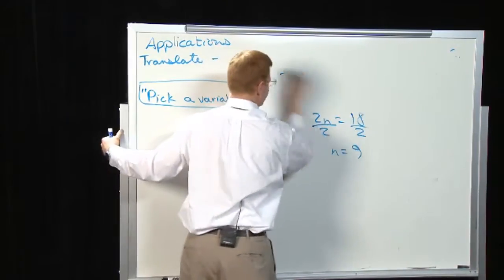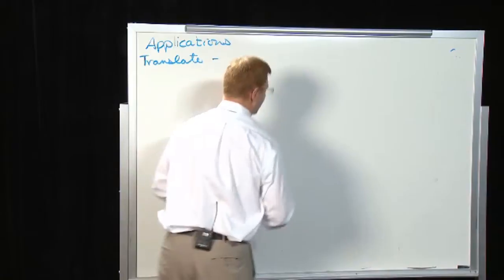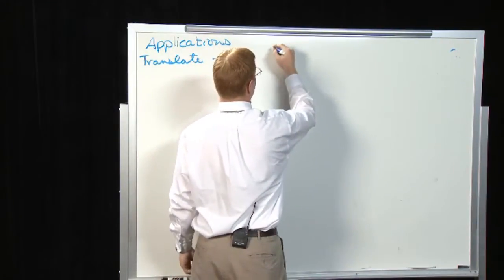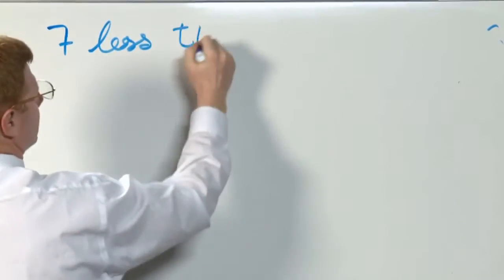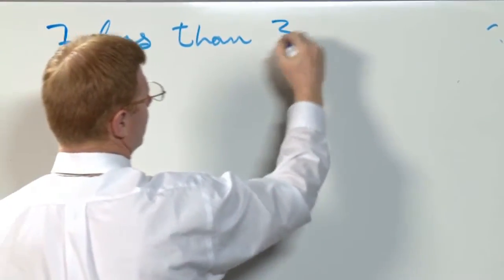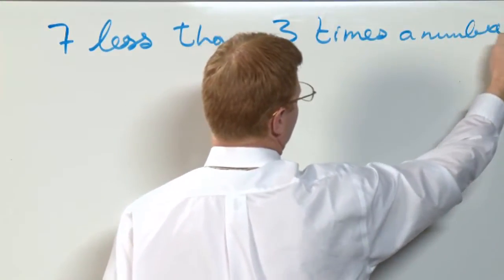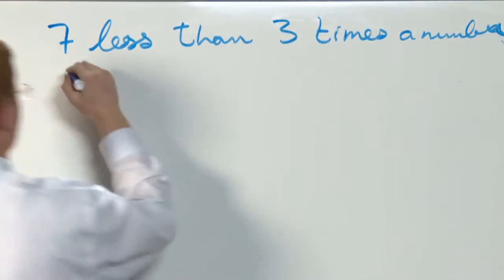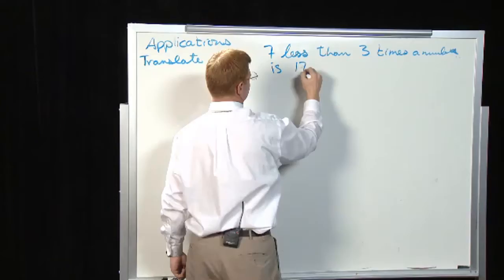There's one very similar to that, but something you have to kind of worry about. And that is, 7 less than 3 times a number is 17.